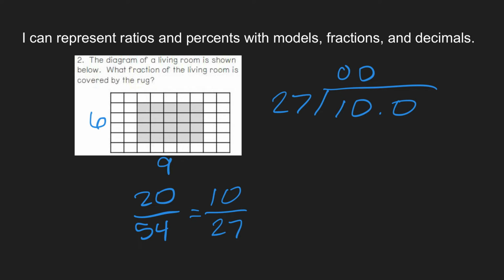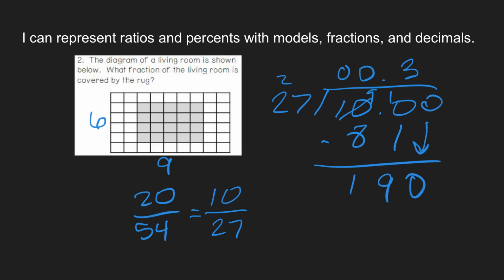Well, 27 times 4 would be a little too big, so maybe 27 times 3. 3 times 7 is 21. 3 times 2 is 6, 7, 8. We're going to regroup. We get 19 left over. So let's just add another 0. We'll see what we get.